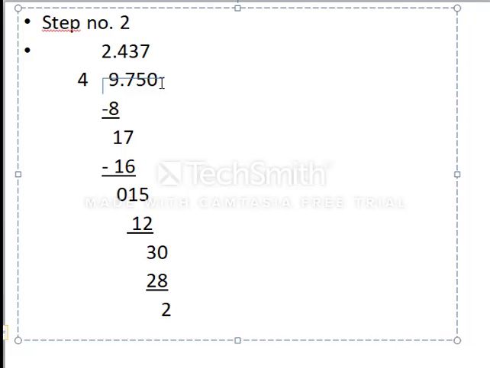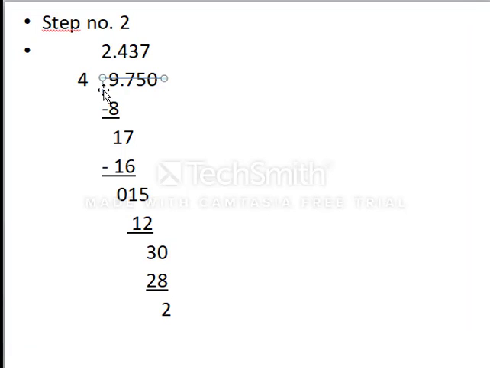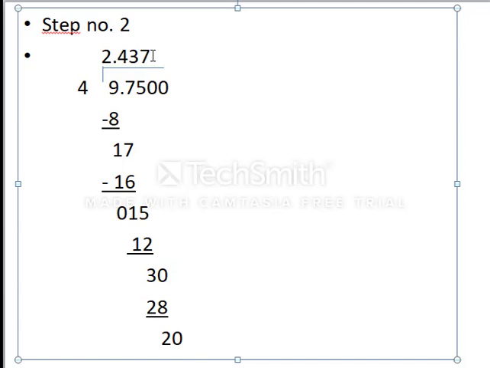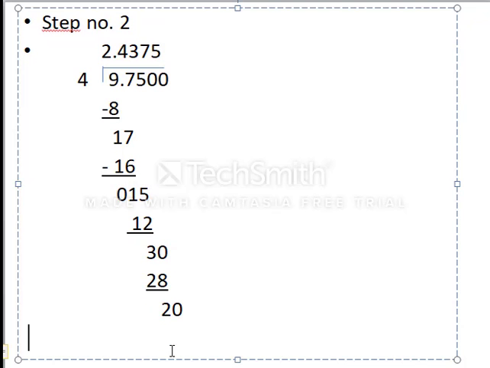I'm going to add another 0 here and take down a 0. A number that multiplied by 4 is equal to 20 is the number 5. 5 times 4 equals 20. And 20 minus 20 is 0.